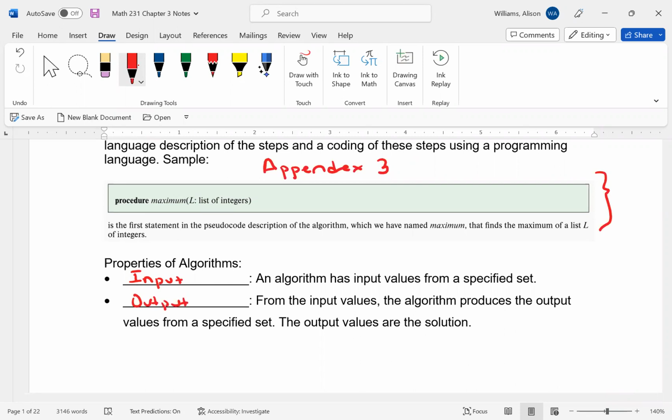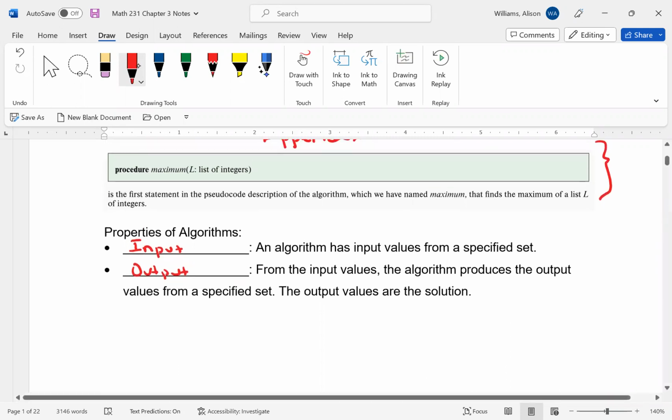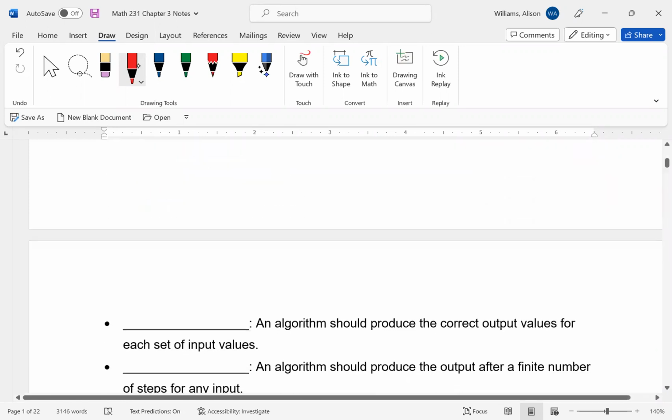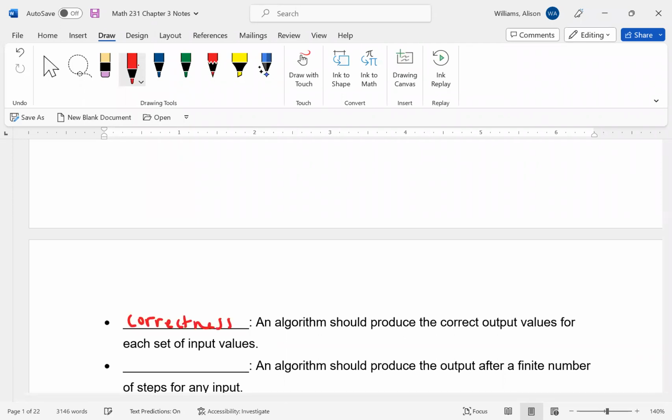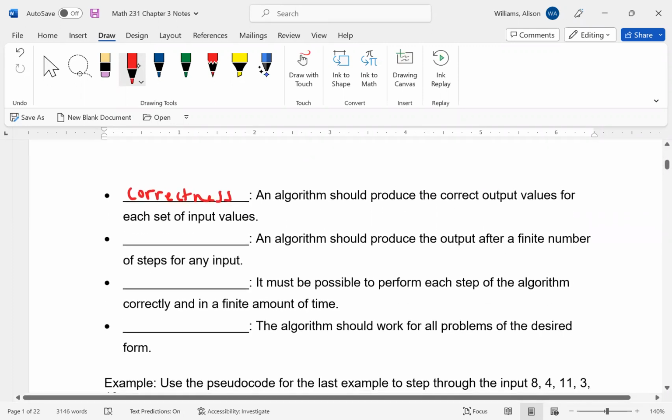From the input values, the algorithm produces the output from a specified set. The output values are considered the solution. Then we have what we call the correctness of an algorithm. That's important. An algorithm should produce the correct output values for each set of input values.